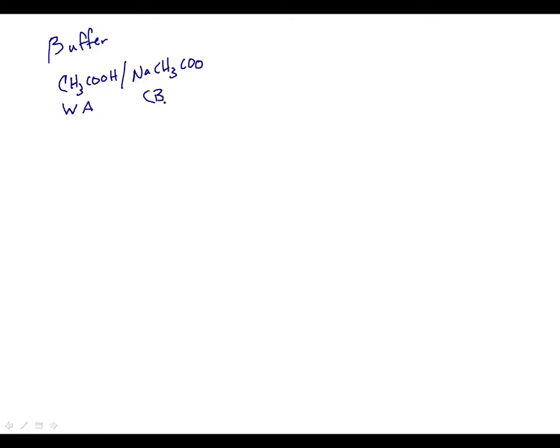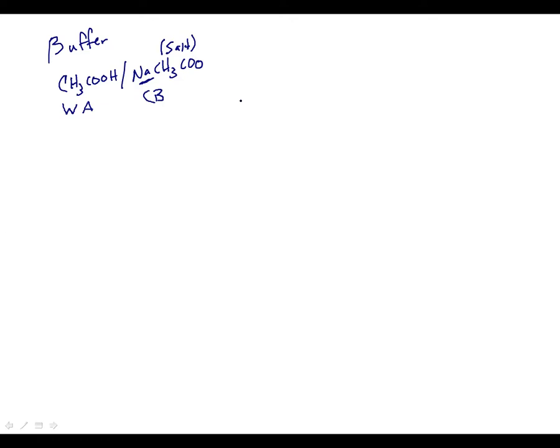And it's really a salt because of the sodium that's present. This sodium here is not really doing anything in terms of any reaction that's taking place. It's really just there to balance out the charge.